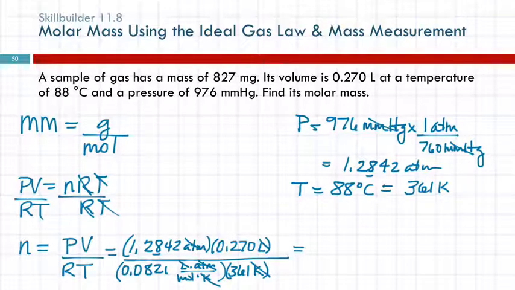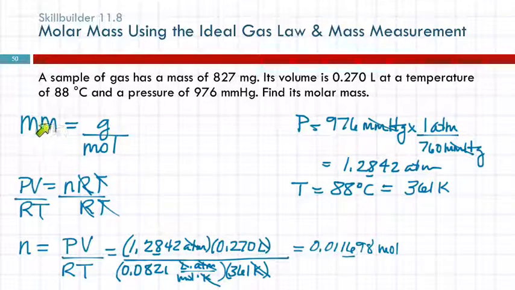And my calculator gives me 0.011. I'm looking at sig figs. I should have 3. 116. Write down 2 extras, 98. Units moles. Everybody okay with that? So that's the number of moles.